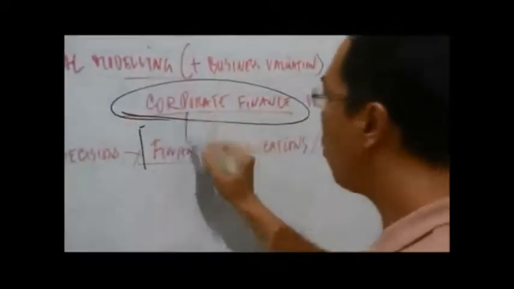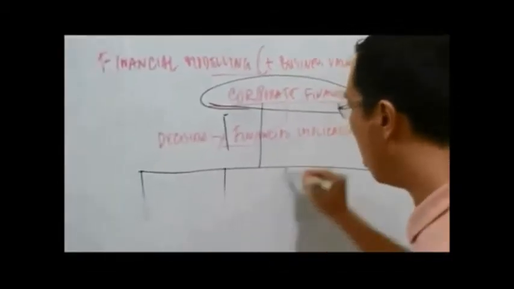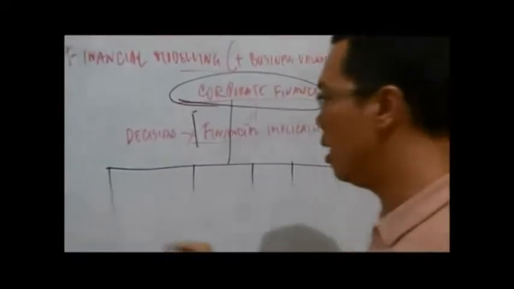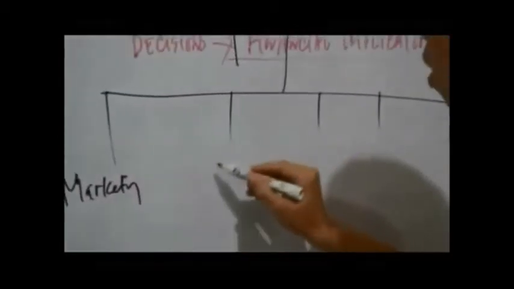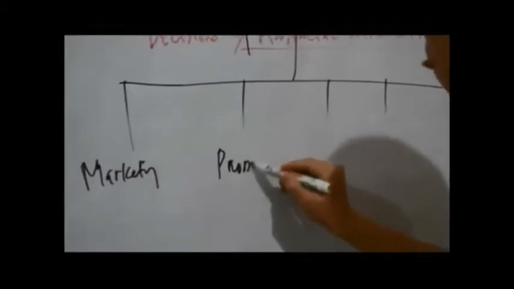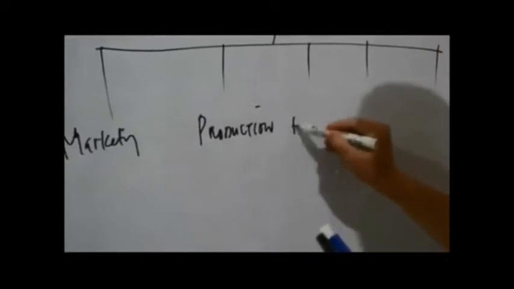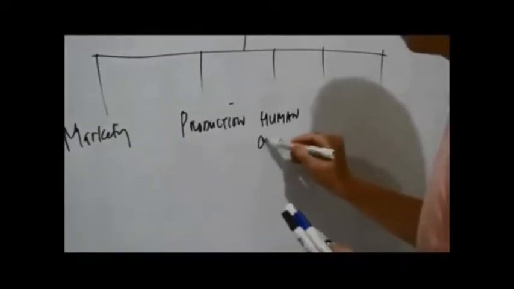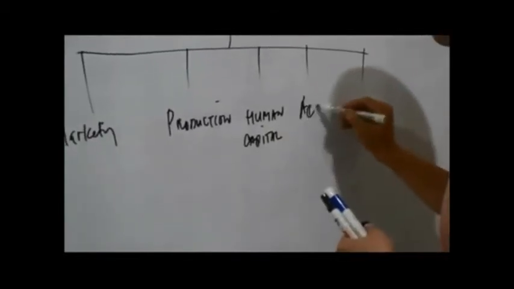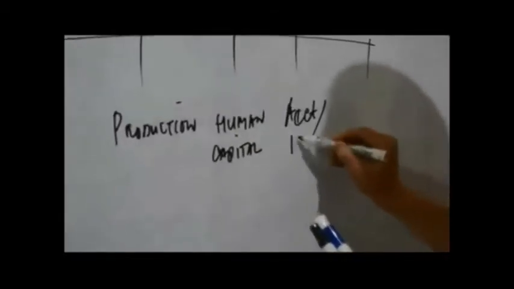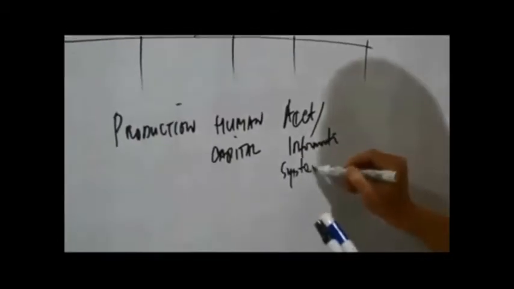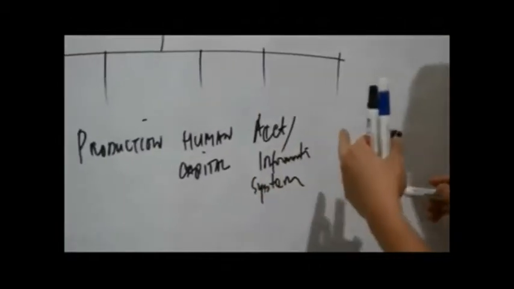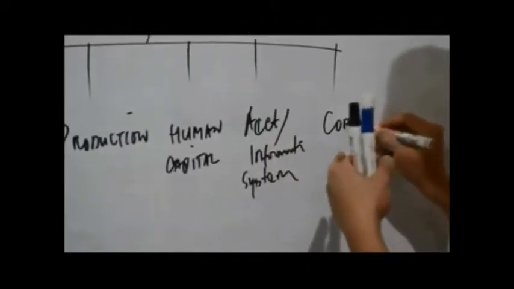Okay, you remember the corporate finance, basically we discussed, I could put like 5 things here. Your marketing, and then your production, and then your human capital, and then you have your accounting and information system, and then last but not least is your corporate strategy.